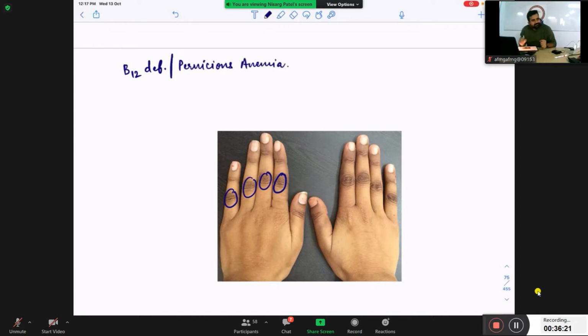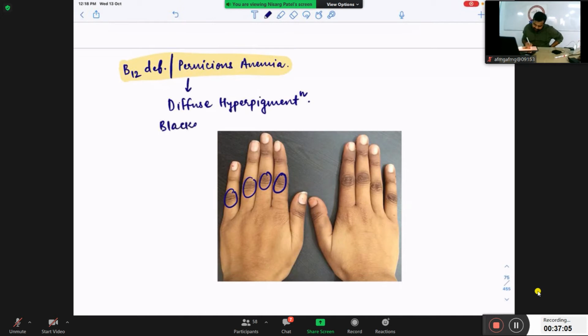Megaloblastic anemia, right? Megaloblastic anemia, B12 is one reason in megaloblastic anemia. Megaloblast means cells are large. B12 is one of the reasons, most common. So in B12 deficiency, when there is decreased vitamin B12, it causes diffuse hyperpigmentation.